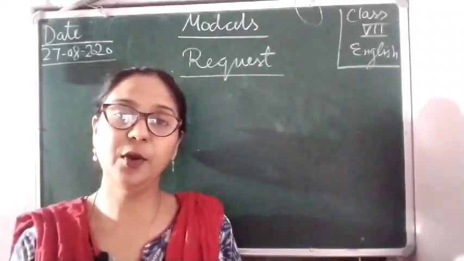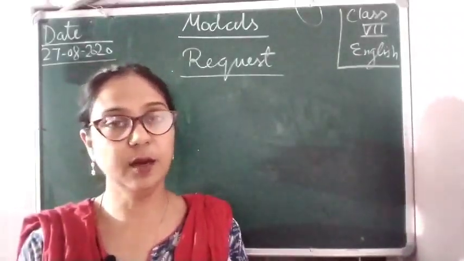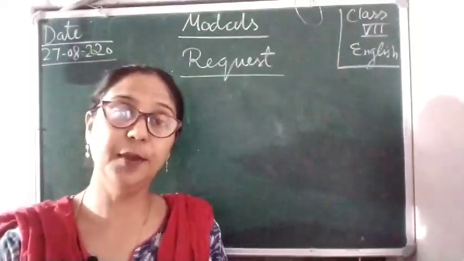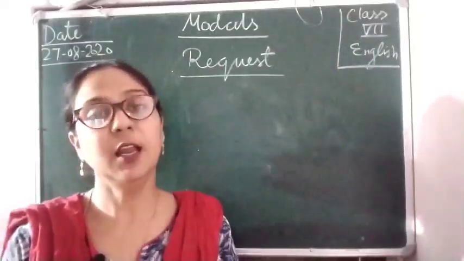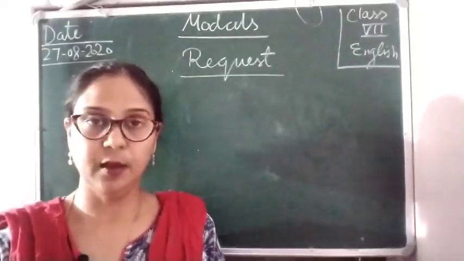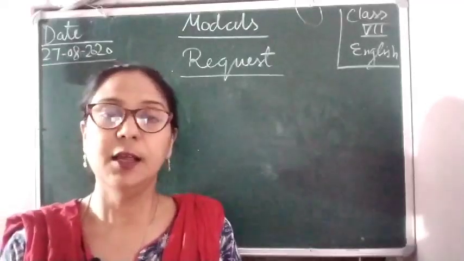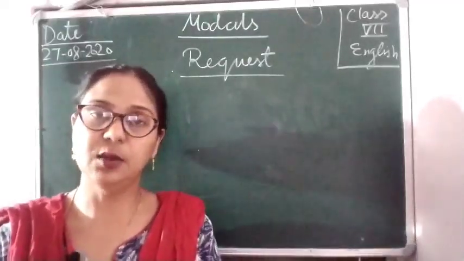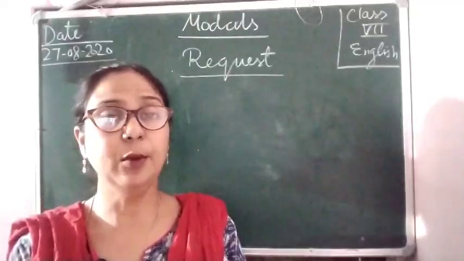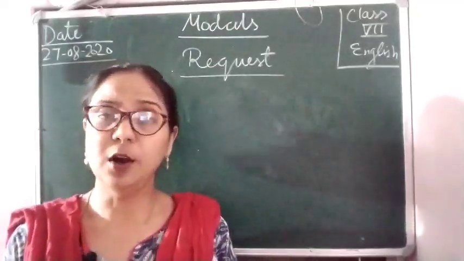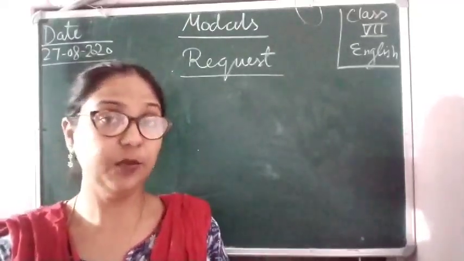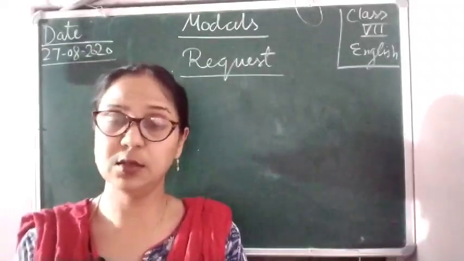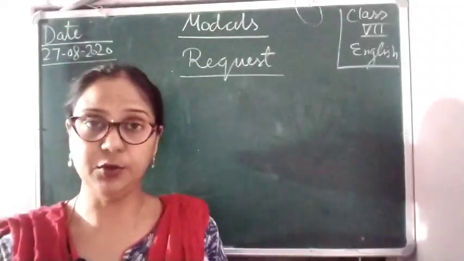Before we start, I would like to revise all the topics which we have discussed in our earlier videos, the modals that we have understood in the previous chapter. Which modals can express ability? We have discussed can, could, and able to.